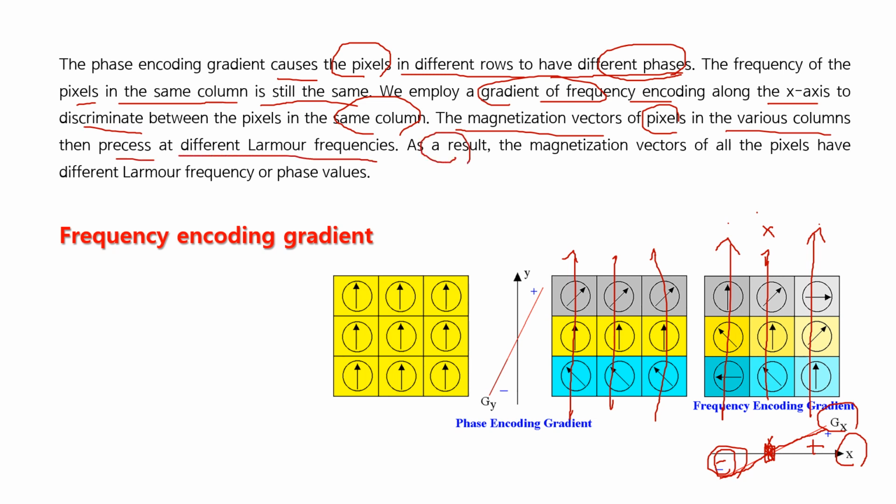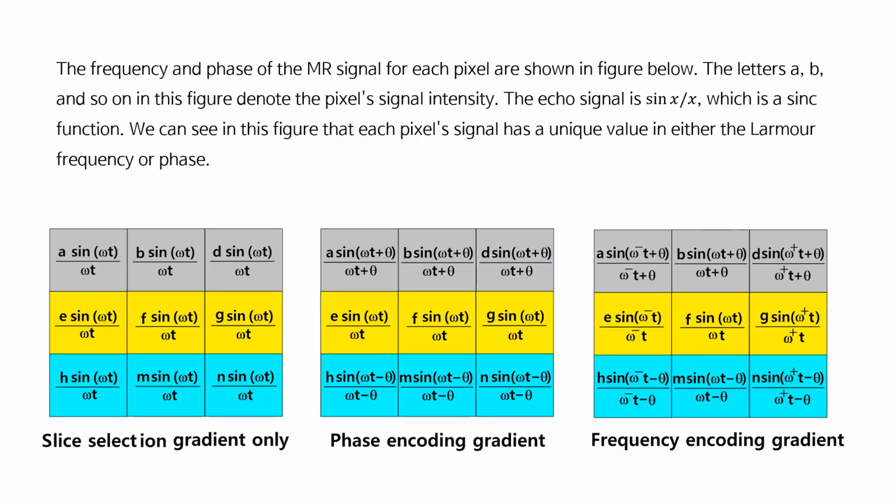As a result, the magnetization vectors of all the pixels have different Larmor frequency or phase values. So we can discriminate all pixels. The frequency and the phase of the MR signals for each pixel are shown in the figure below.